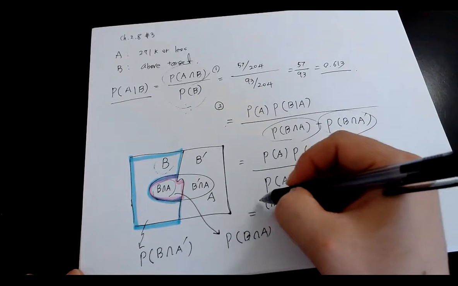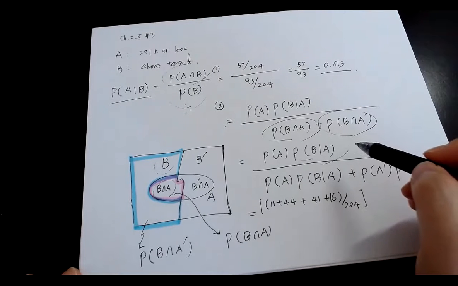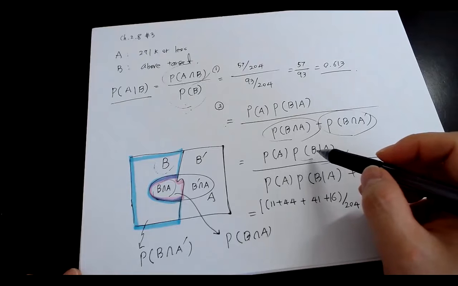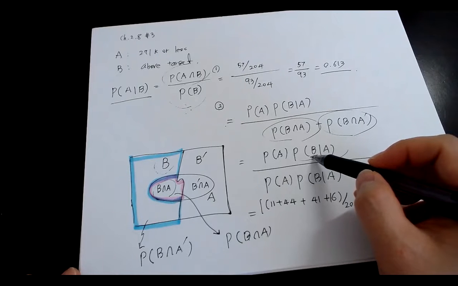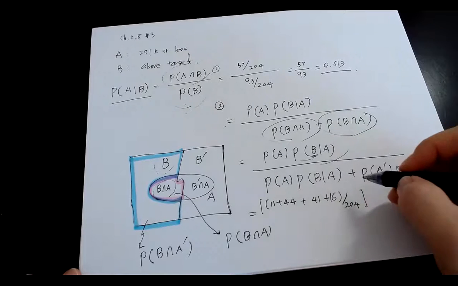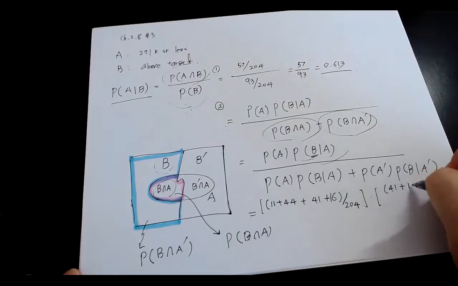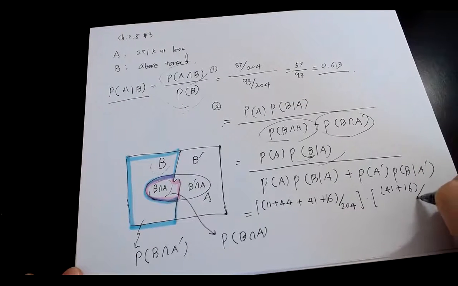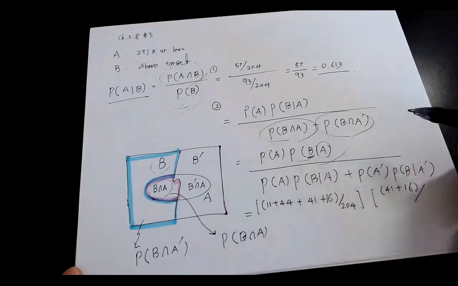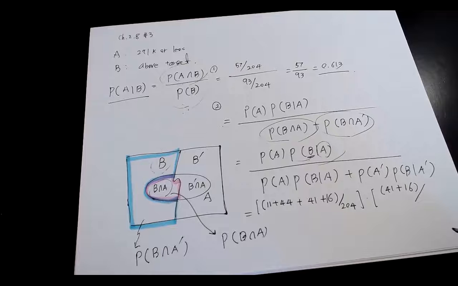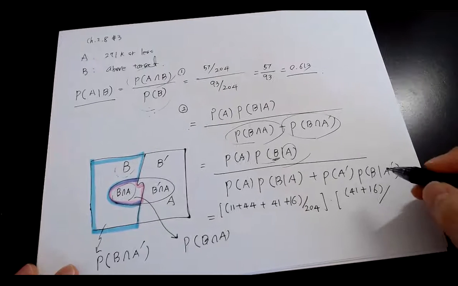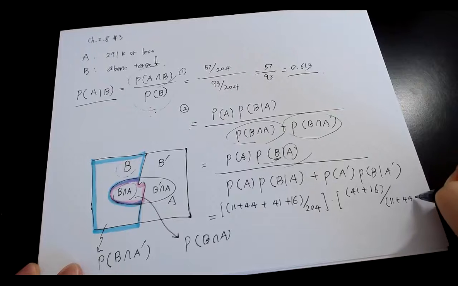Times, and the next one is P of B given A. Event A has already occurred, so we need to find the number of reactions whose heat observed is above target, which is 41 plus 16, times 41 plus 16 divided by, okay, A has already occurred, so the temperature is less than or equal to 271 K. So the total number of reactions is reduced to 11 plus 44 plus 41 plus 16.